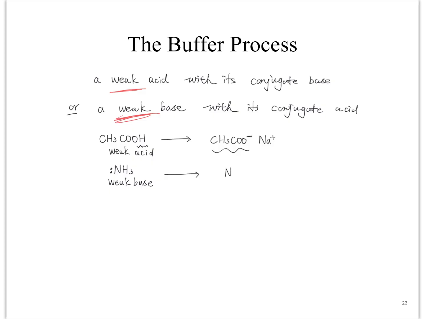NH4, with one more proton added, gives us so-called ammonium. And for ammonium, with a positive charge, you always need to have a negative charge. So ammonium chloride will be the conjugate acid part. So ammonia with ammonium chloride will make a great pair for a buffer system.